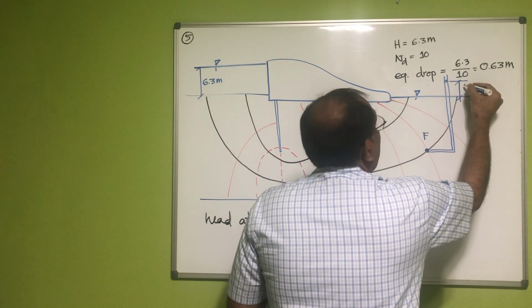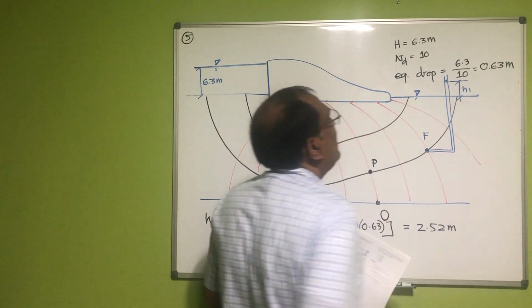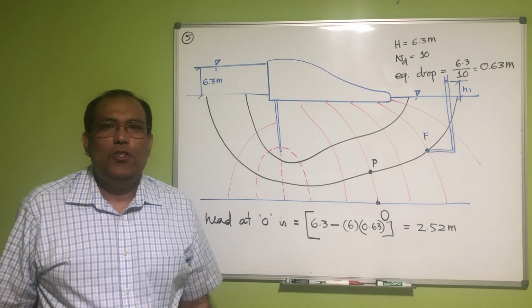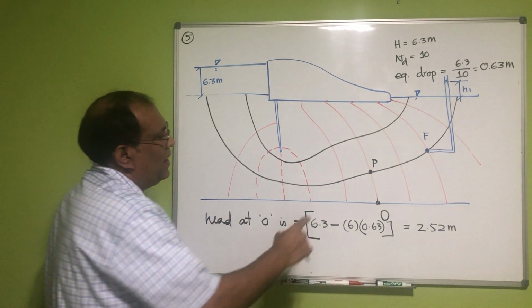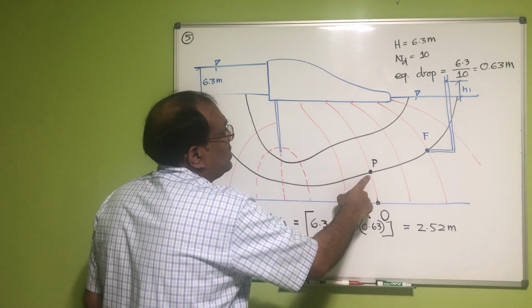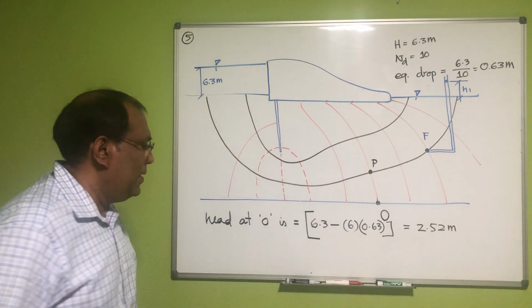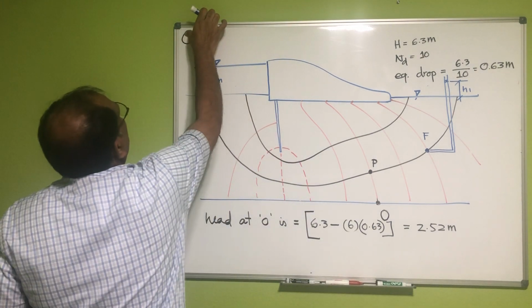We call that one H1 here. But what would be your H1 in that case? So we'll try to find out what is the head at this location here. Okay? So that's actually problem number 6 here.